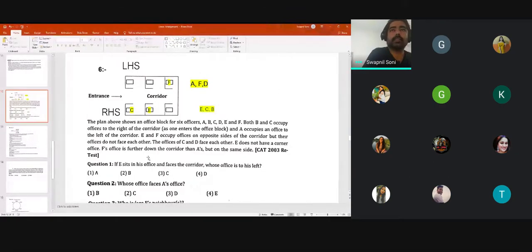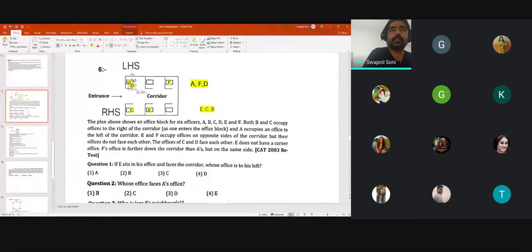So we know that C and D face each other. So since C is over here, we can take B. Now we have E, we have F, we have C, we have D. We just have the other two people.